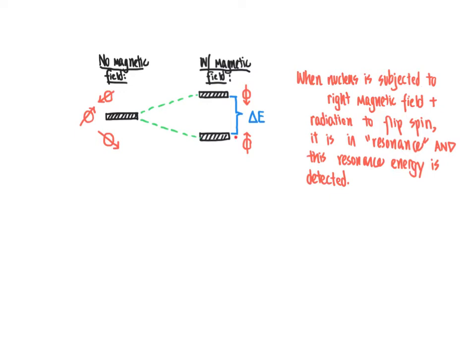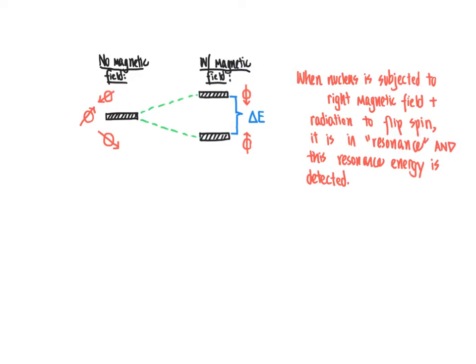And there's that energy difference between those two, so that when the nucleus is subjected to the exact right magnetic field and electromagnetic radiation, this spin flips from positive to negative, and we call that resonance.